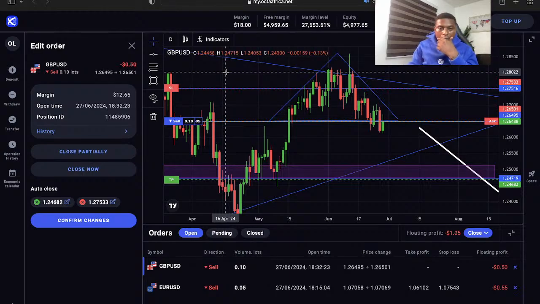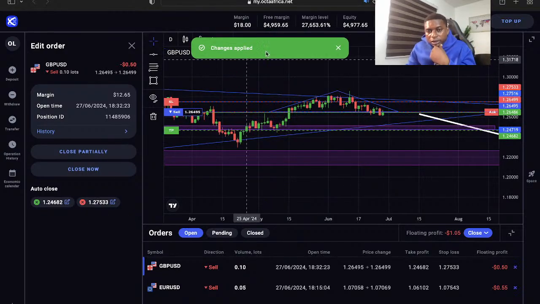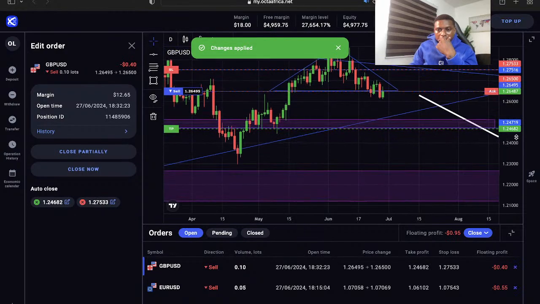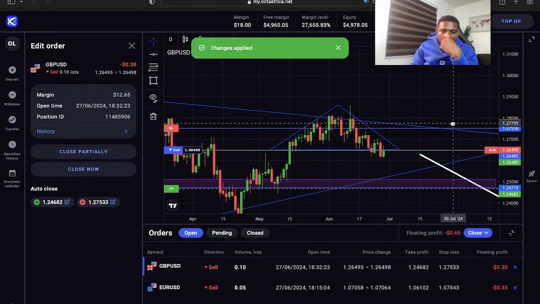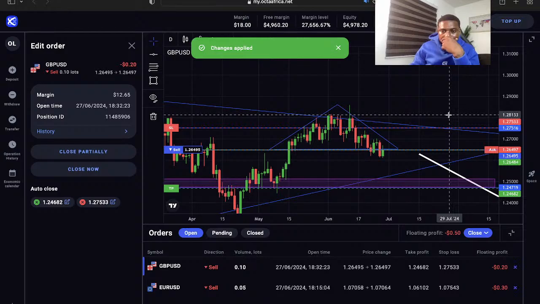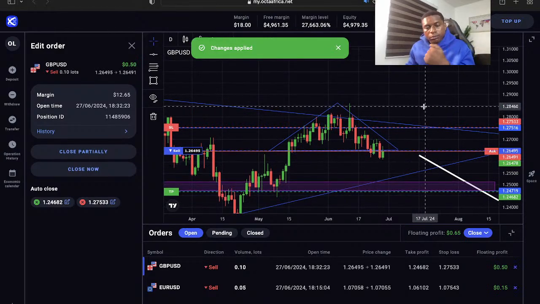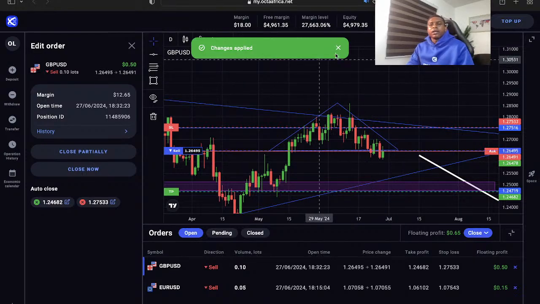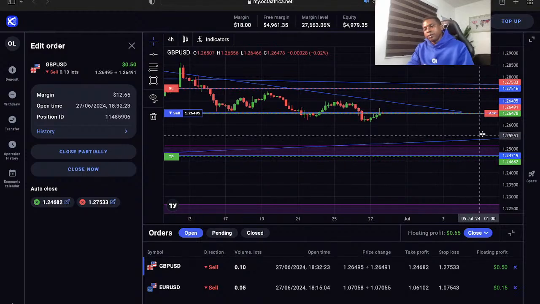All right, so let's do confirm changes. When I do that, it says changes applied, and that's it. Now let's go down to the 4 hours time frame.